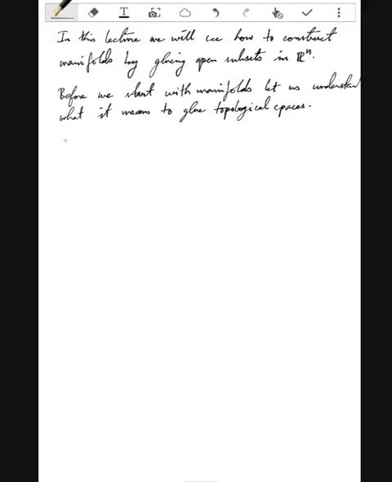So we can take an easy example. Let U equal to R and V equal to R. Let's call this U0 and U1 and U2.